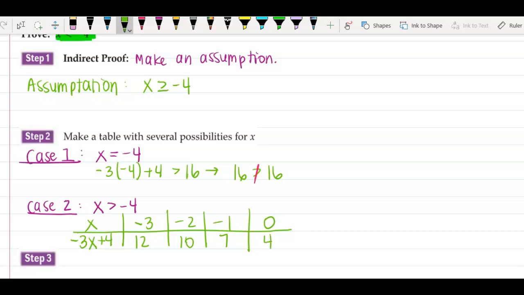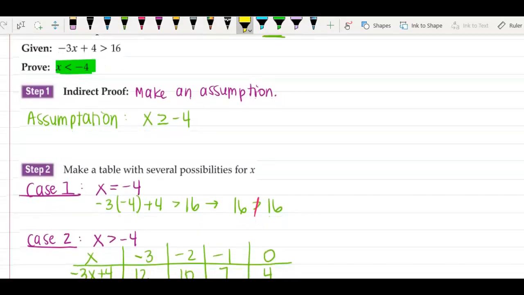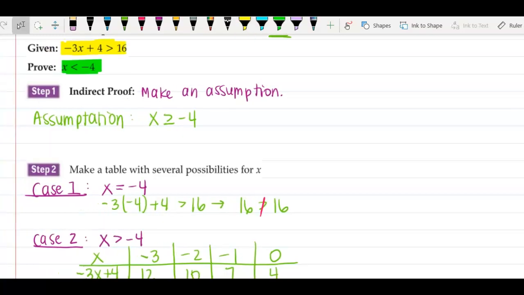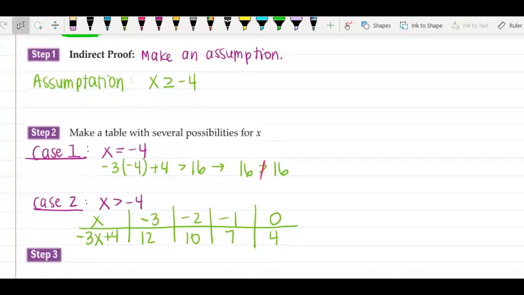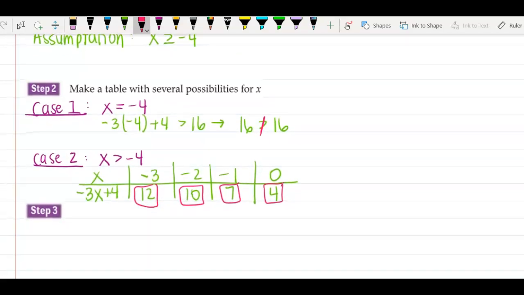So the whole idea is that if x is going to be greater than -4, our assumption was that whatever we plugged into this equation at the top should be greater than 16. None of the values in our chart, 12, 10, 7, 4, are greater than 16.